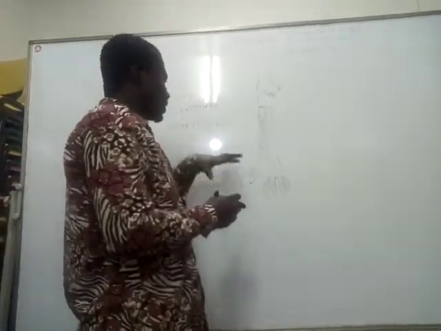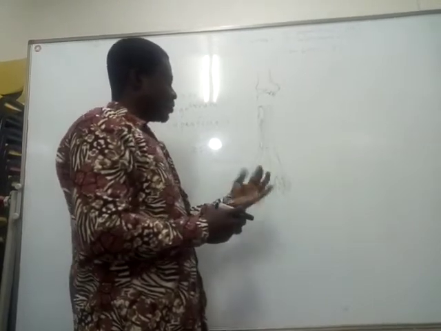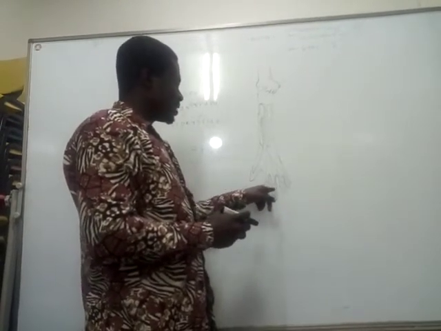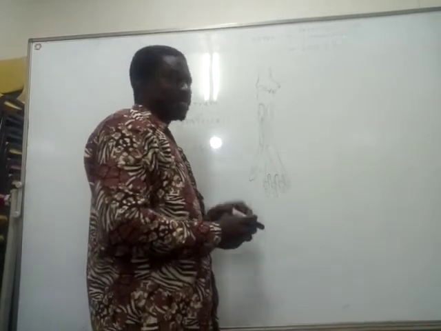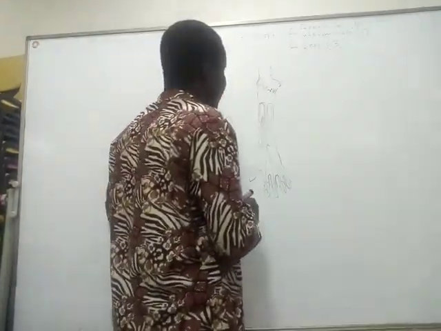Profundus means it's the deep one, and because it inserts at the distal phalanges, it's for flexing at the distal interphalangeal joint.